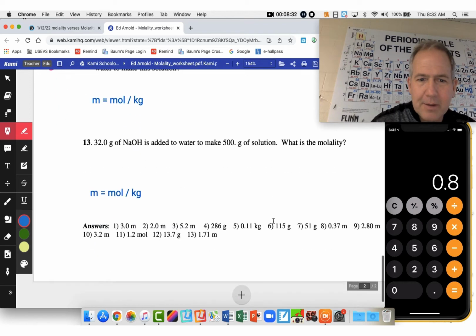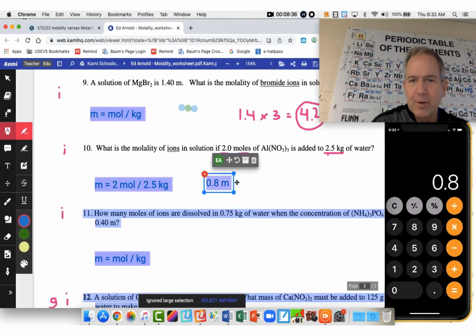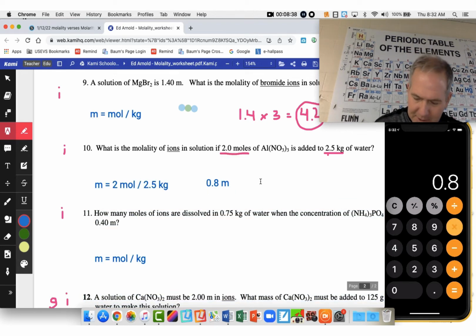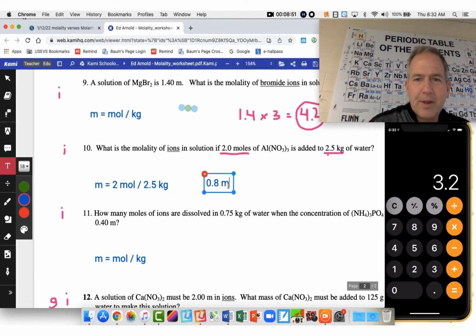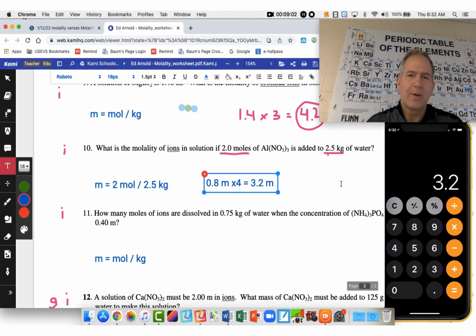Let's just do it in the calculator because that's being stubborn. 0.8 times 4 equals 3.2 m. All right.